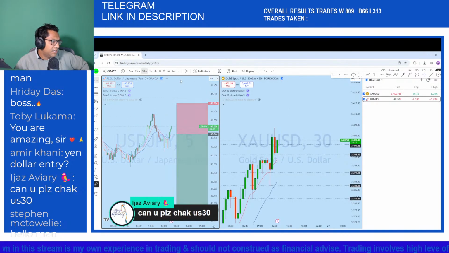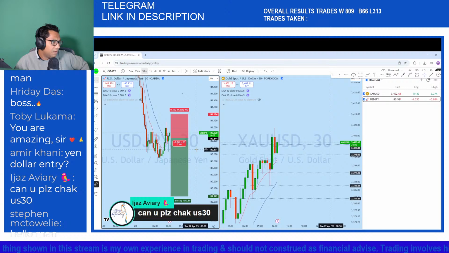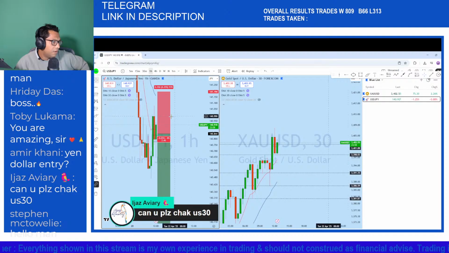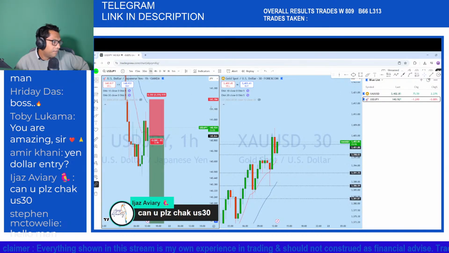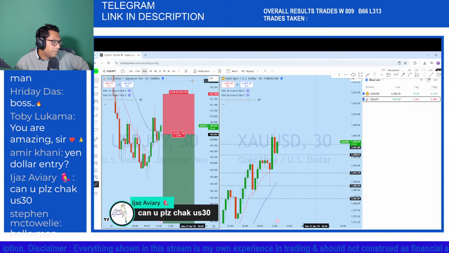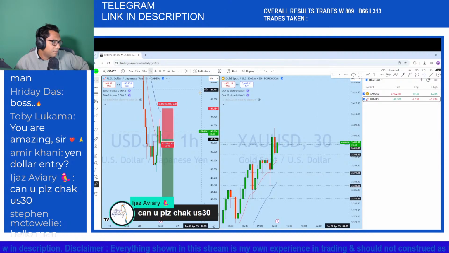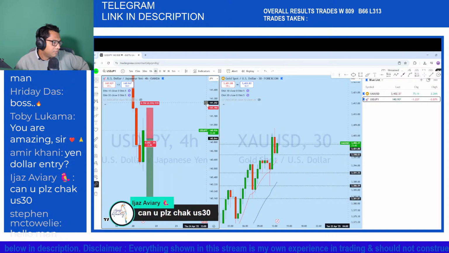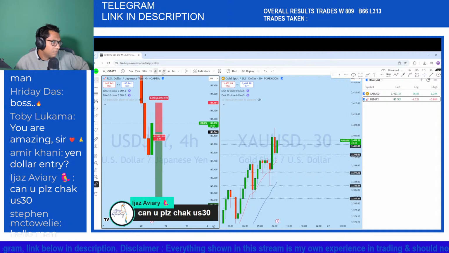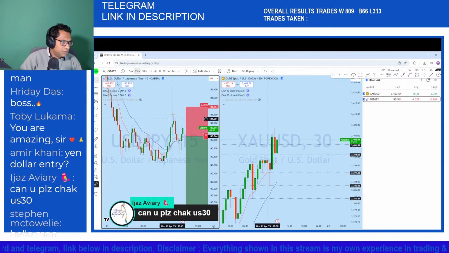So here is what we can see, there is a sideways movement, and on dollar yen we see there is a pullback.